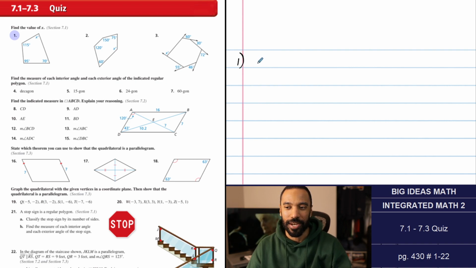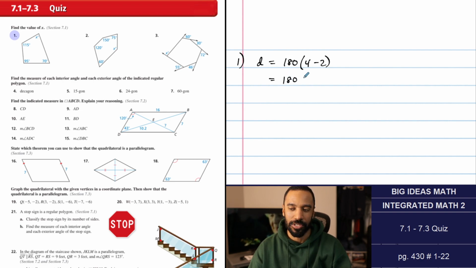We'll figure out what that is right now by using this formula here. The degree sum of the interior angles is 180 times the number of sides you have minus 2. Now, we should know through the extended corollary that a quadrilateral's interior angle sum is 360 degrees.